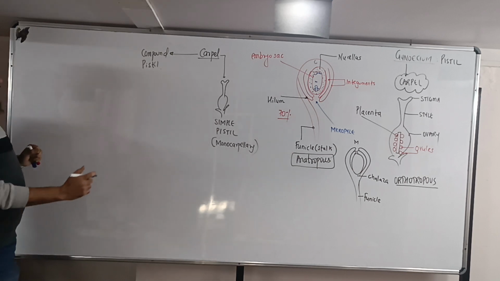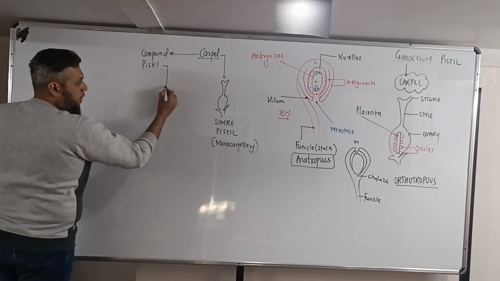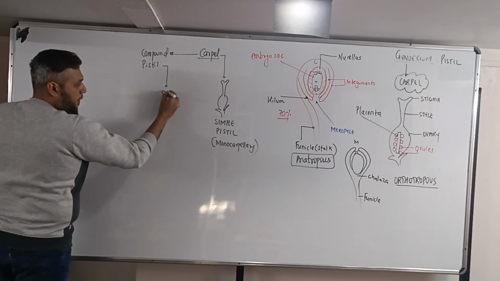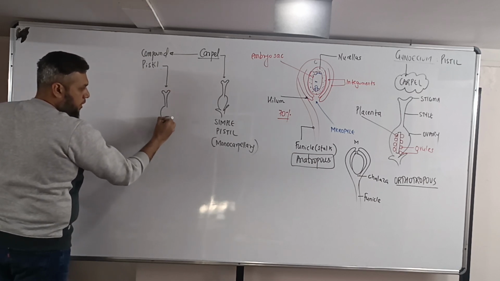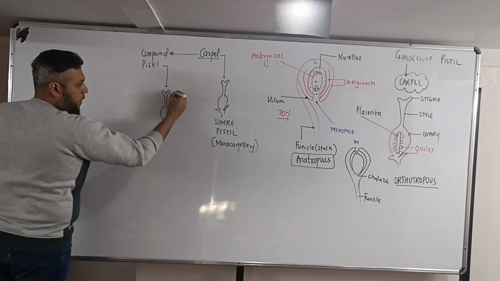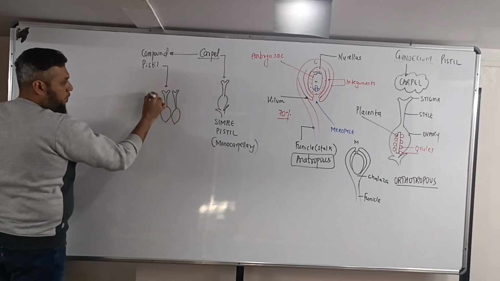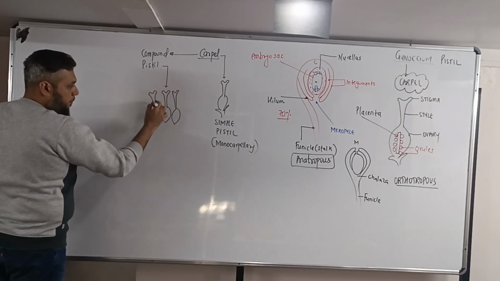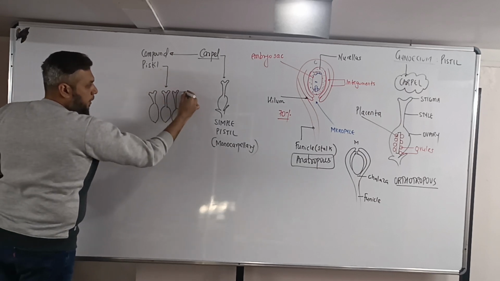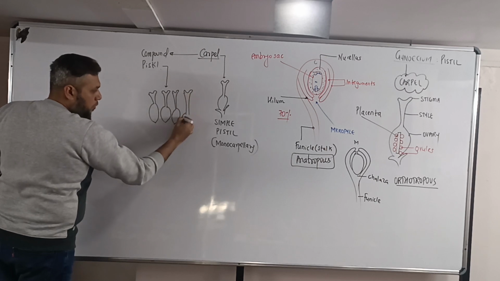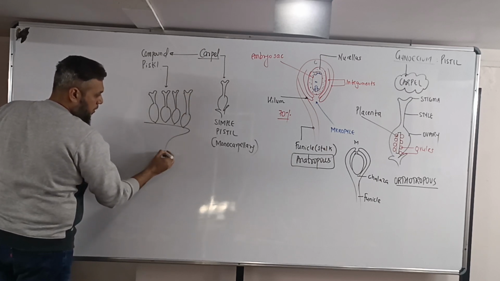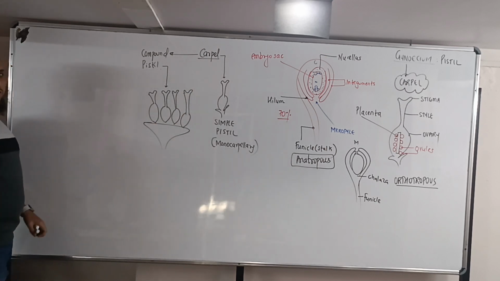Okay. Now here, one combination is the stigma, style, and the ovary. So you have got many carpels, but are these carpels fused with each other, or are they free from each other?